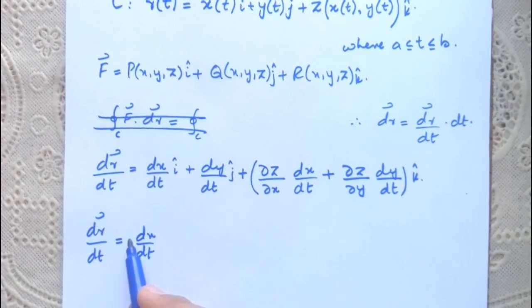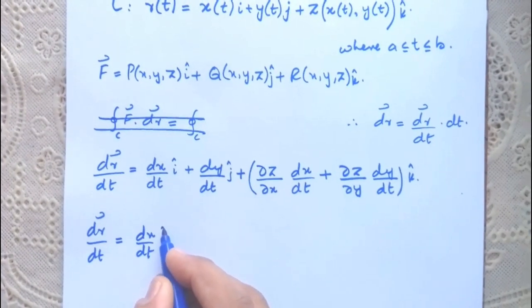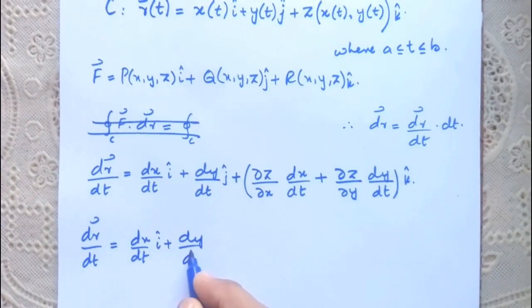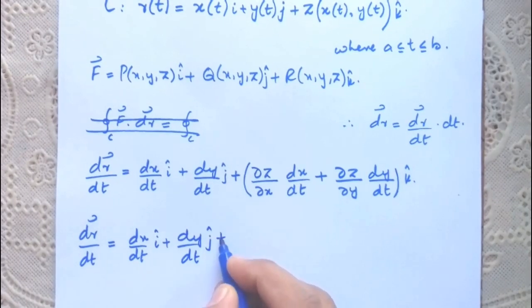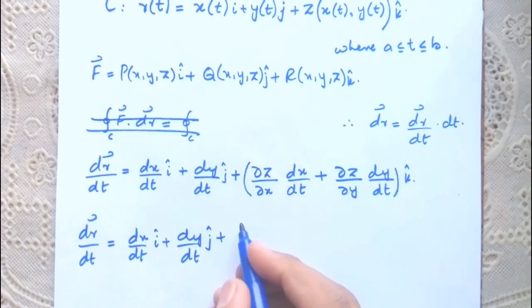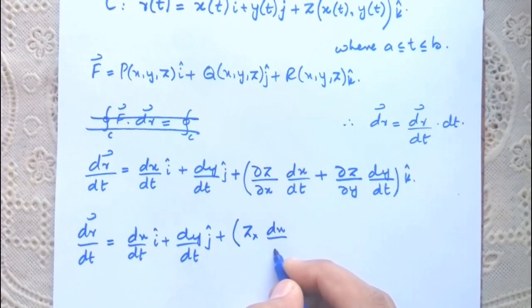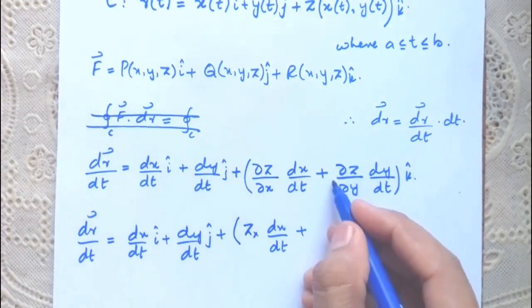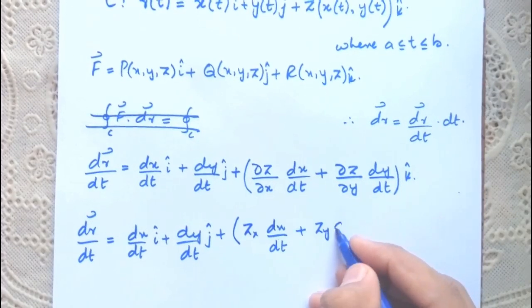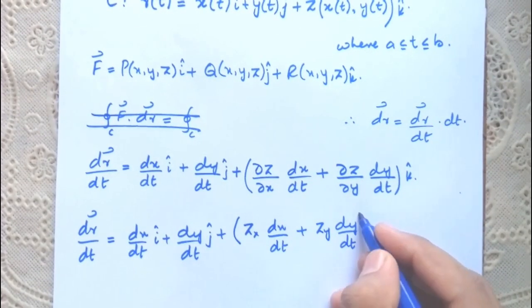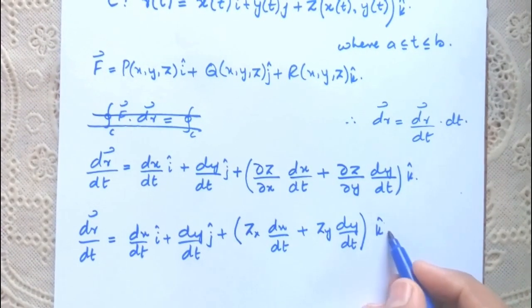Dr over dt is equal to dx over dt i cap plus dy over dt j cap plus, and this we can write as zx dx over dt plus zy dy over dt in the direction of k.